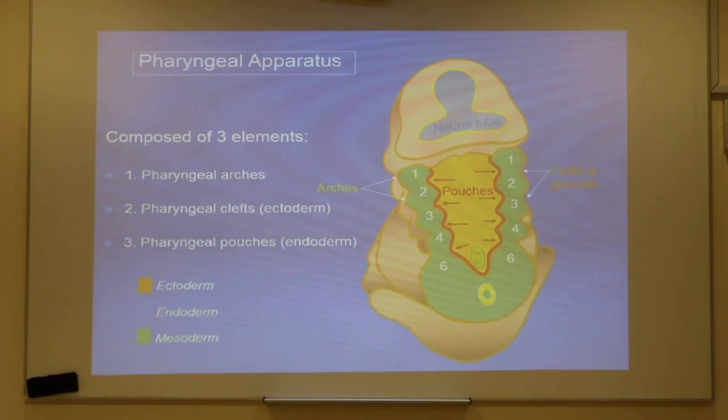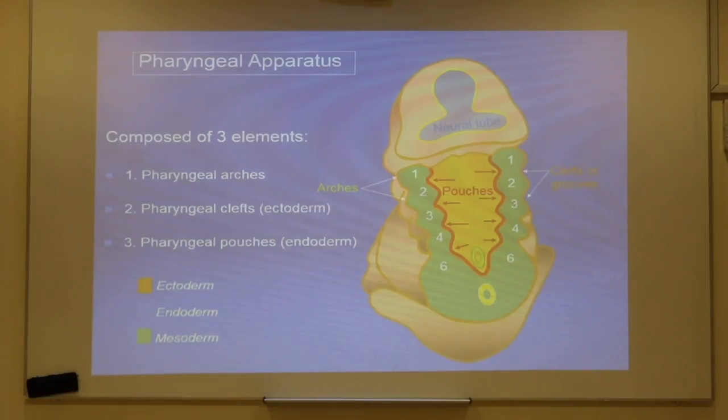So the first pouch is going to give rise to the tubotympanic recess, which is going to give rise to the auditory tube going from the nose, the middle ear cavity, and the mastoid antrum. It is going to join the first cleft, which is going to give rise to the external ear. The second pouch here is going to give rise to the tonsils.